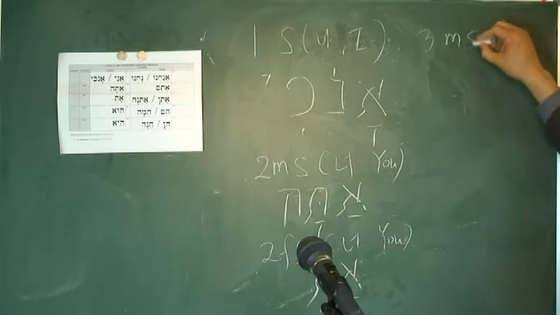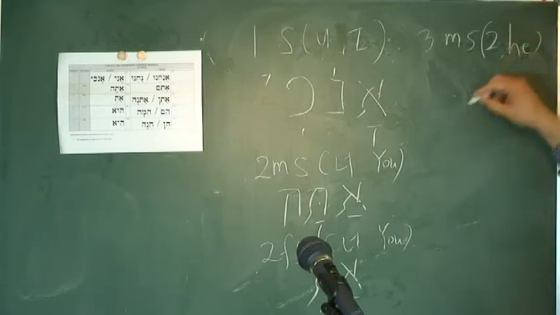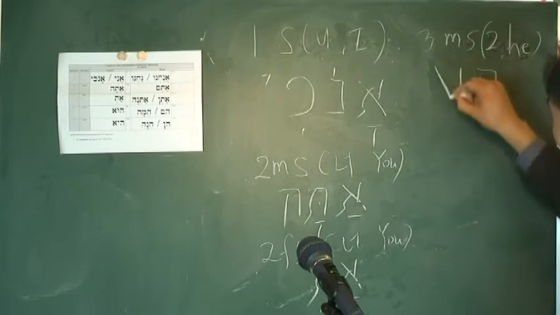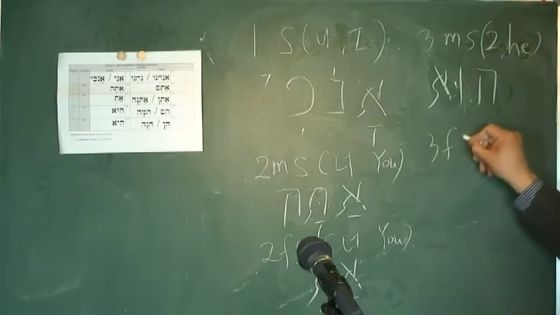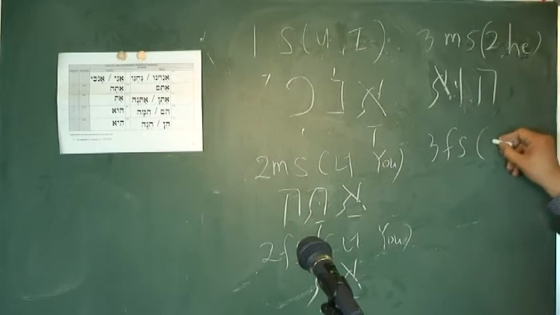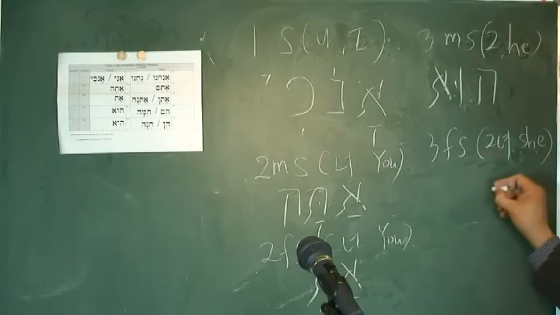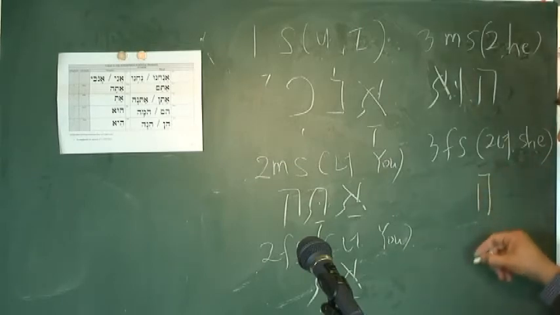The third person masculine singular he is Hu. The third person feminine singular she is He.